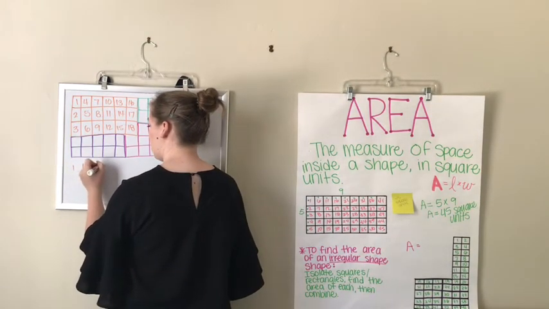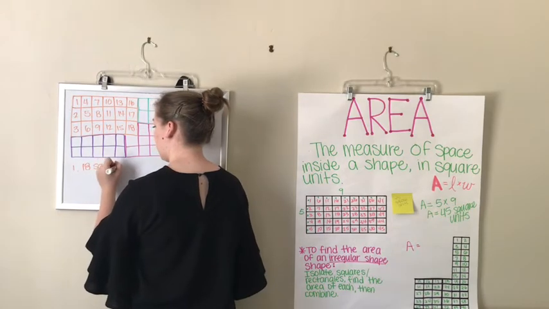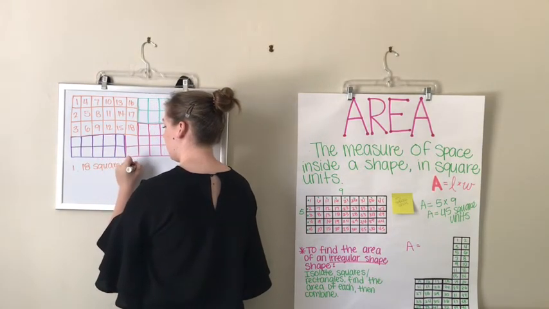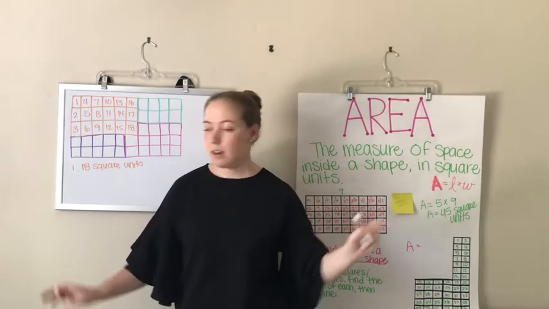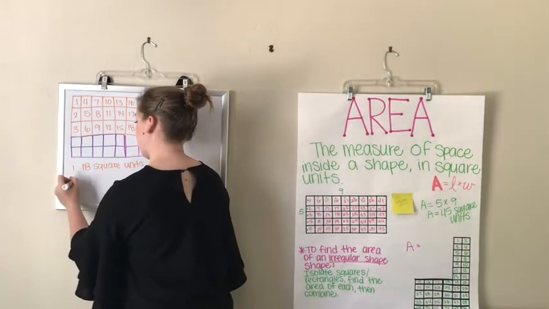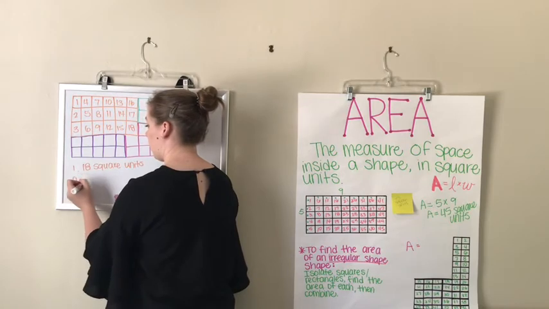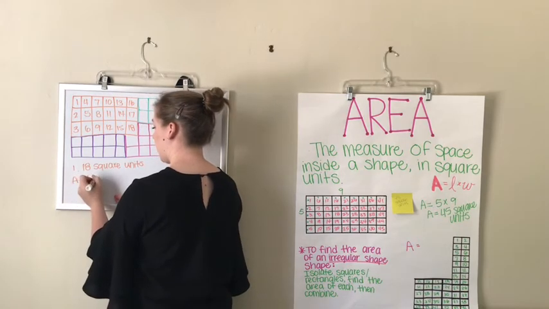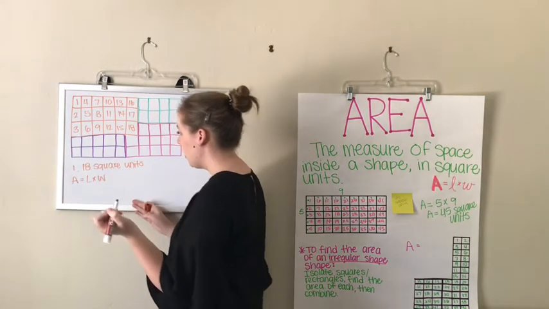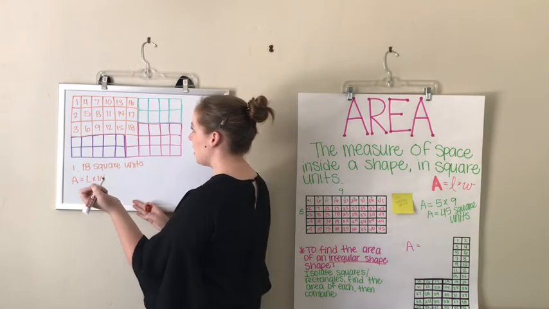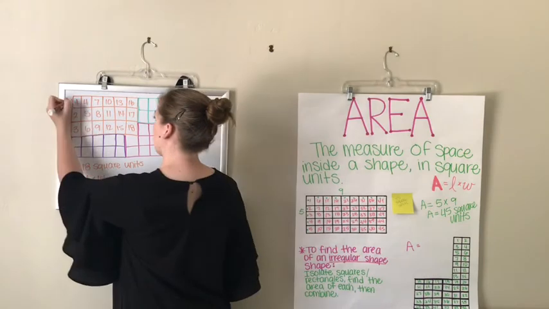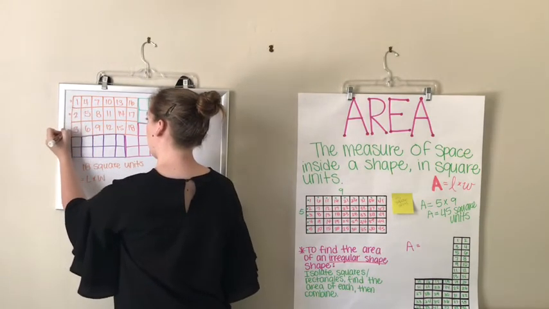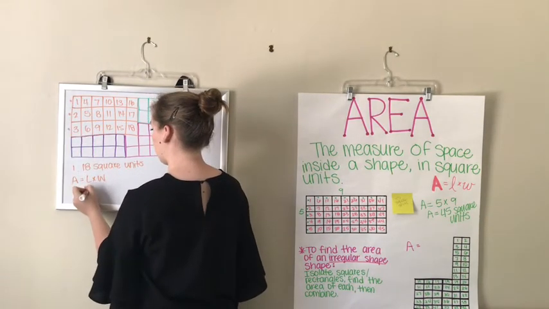18 square units. But to check my answer, I'm going to plug it into the formula. A equals length times width. So my length, let's see, my length, I'm reaching out. So my length is 1, 2, 3. I have a length of 3.